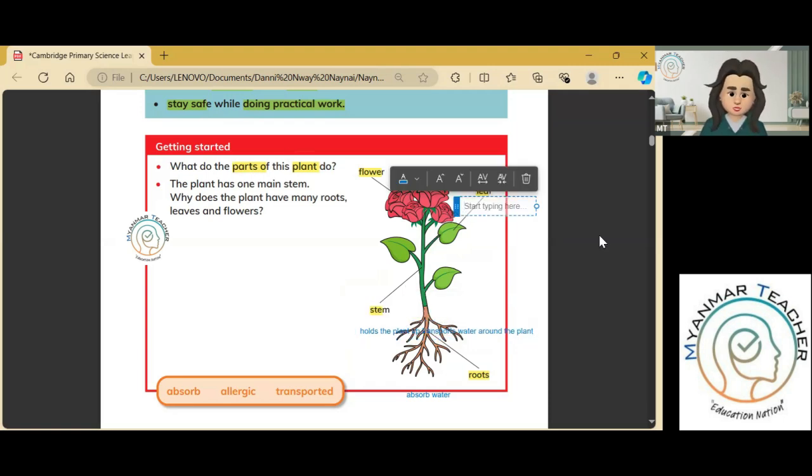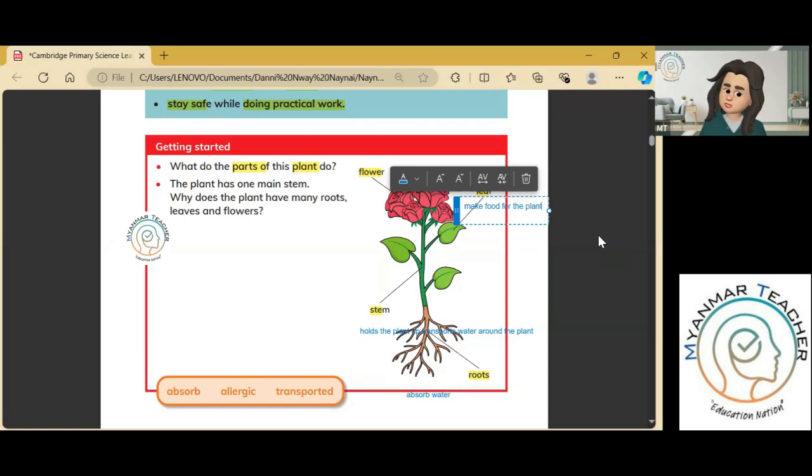The leaves make food for the plants, because plants make their own food using a process called photosynthesis. They need sunlight, carbon dioxide, which is CO2, and also water.